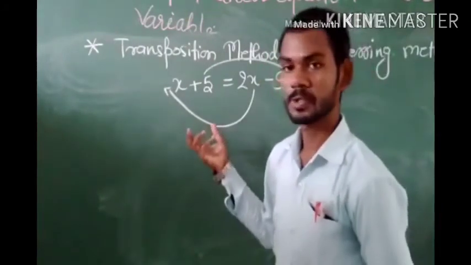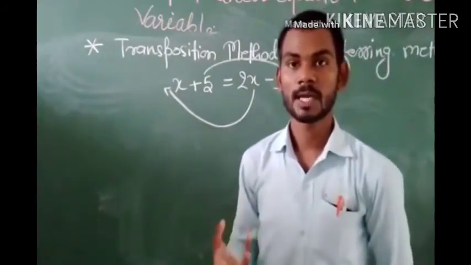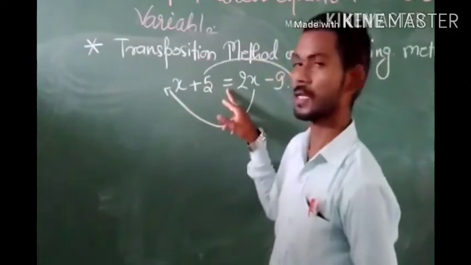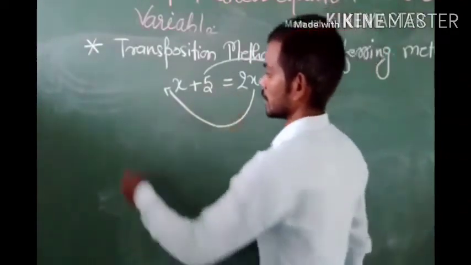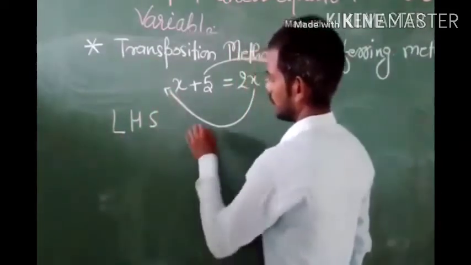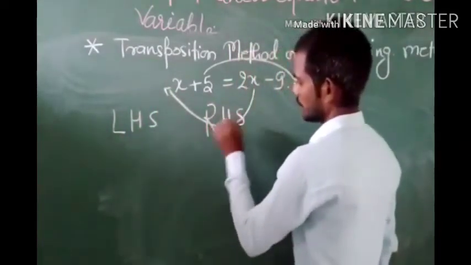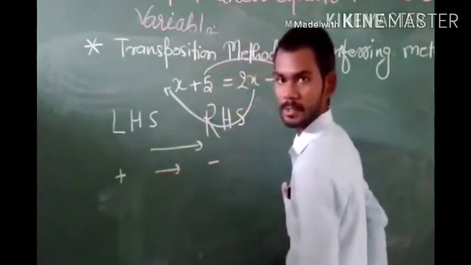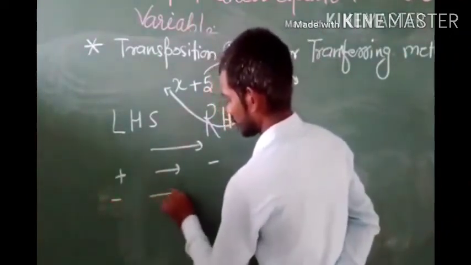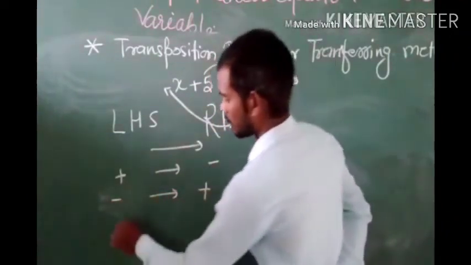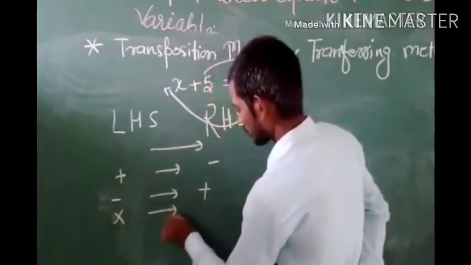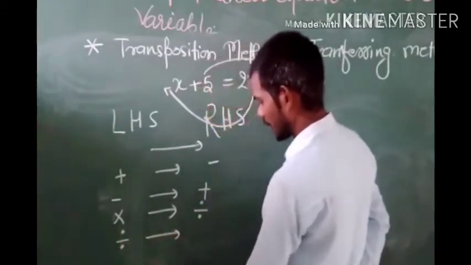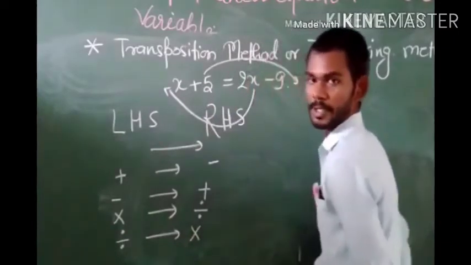In transposition or transformation, the sign of the quantity changes when it crosses the equal sign. That is, when it goes from the left hand side to the right hand side, addition becomes subtraction, subtraction becomes addition, multiplication becomes division, and division becomes multiplication.